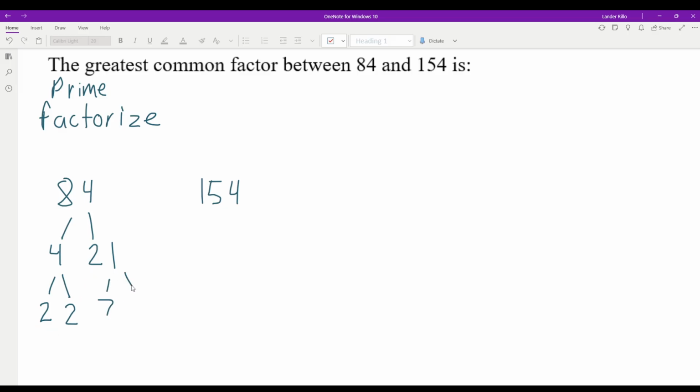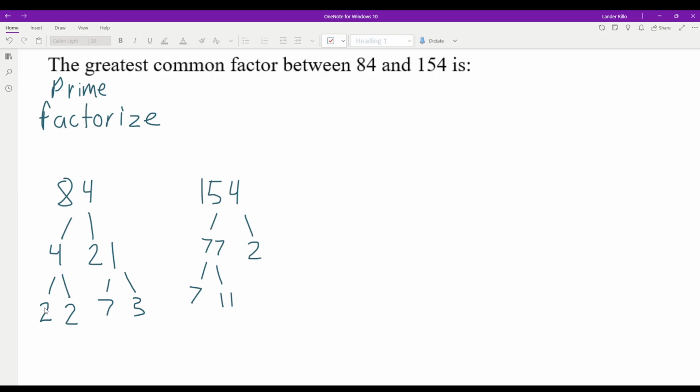We can break 21 up into 7 and 3, and they're both prime numbers, so we can stop there. 154 is a bit bigger, but I know that it's divisible by 2 because it's an even number. So that's 77 and 2, and 77 is 7 and 11. Those are both prime already.